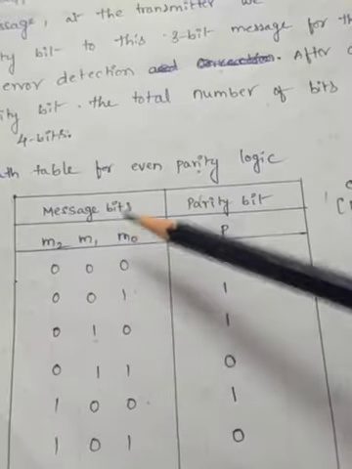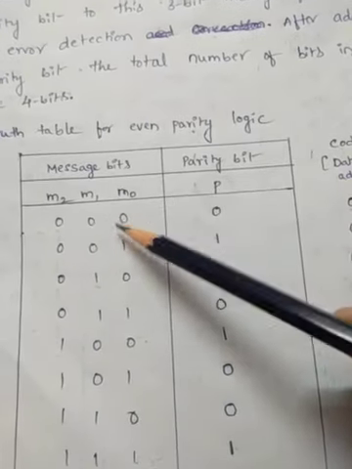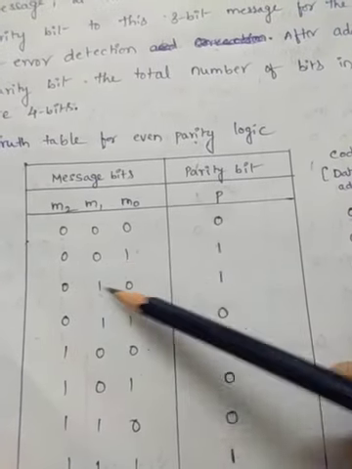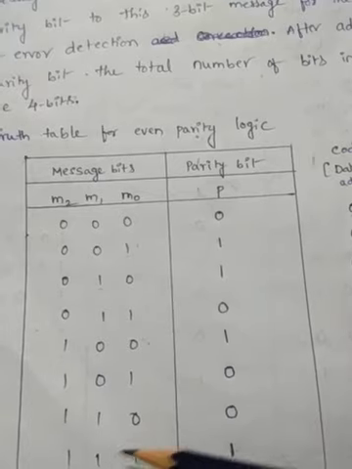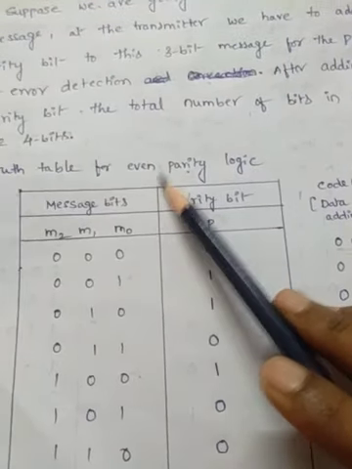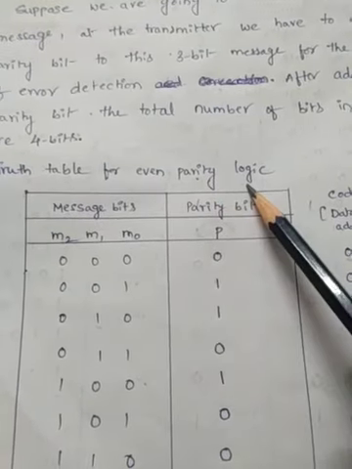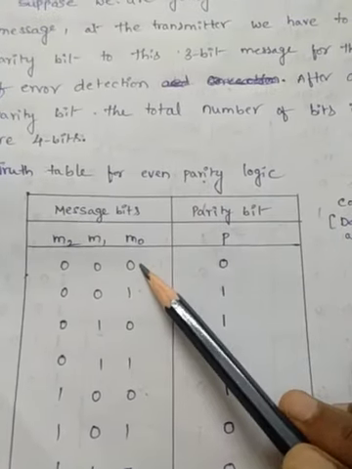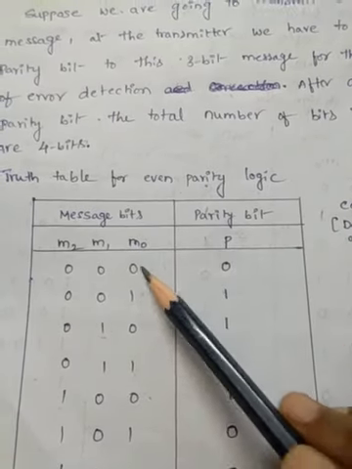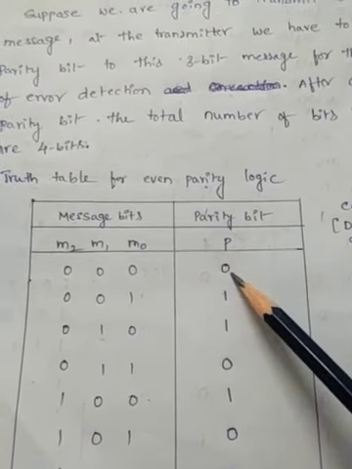And for 3 bits, we have 8 combinations: 000, 001, 010 up to 111. Here we are using even parity logic. In even parity logic, if there are an even number of ones in the message bits, then the parity bit is 0.